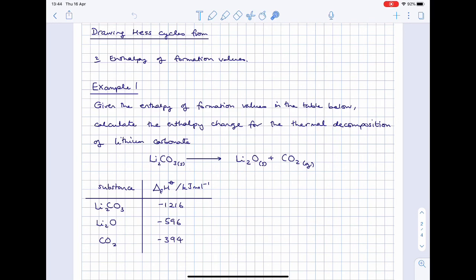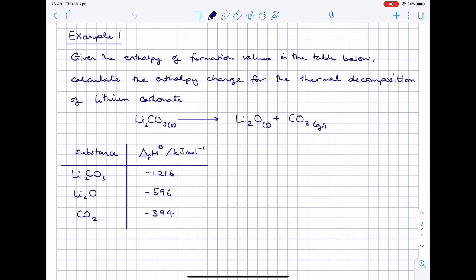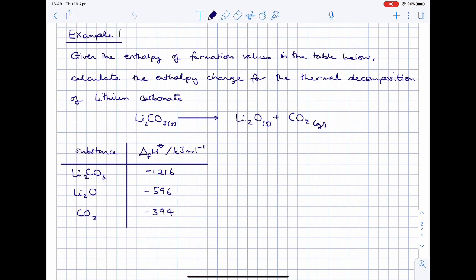So what I'm going to do is write the equations out to represent enthalpy formation of these substances and put the values on the arrows. And then we're going to use those equations with the equation I want to work out the enthalpy change for to construct a Hess cycle. So the enthalpy formation of a substance is forming the substance from its elements.